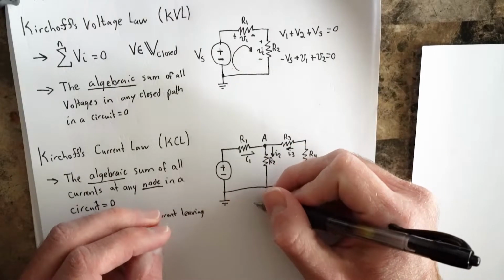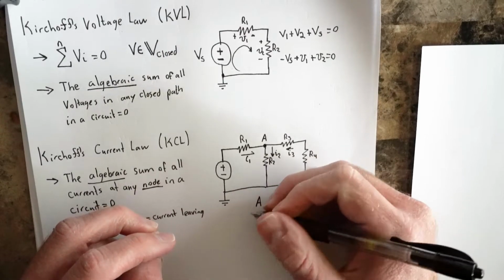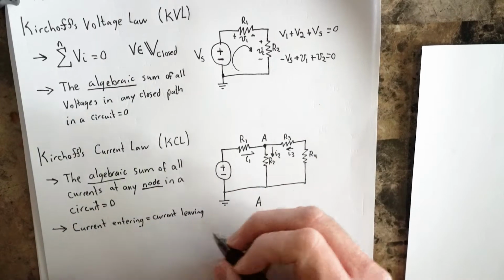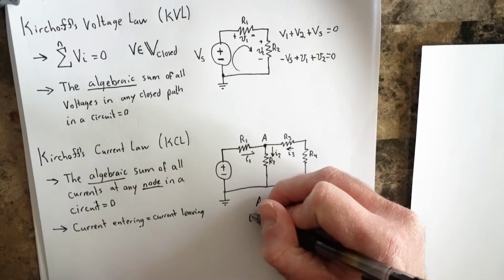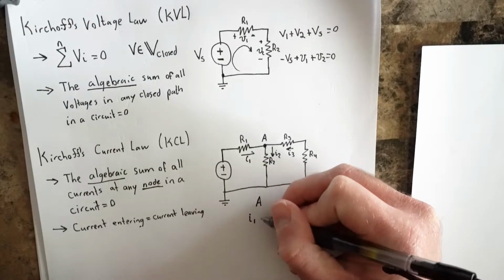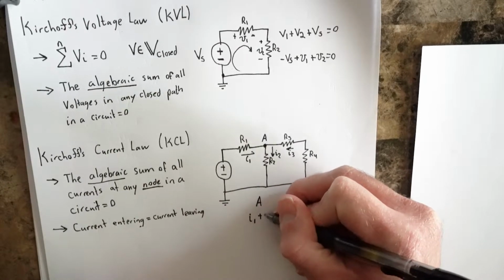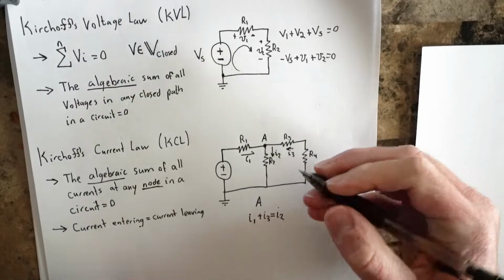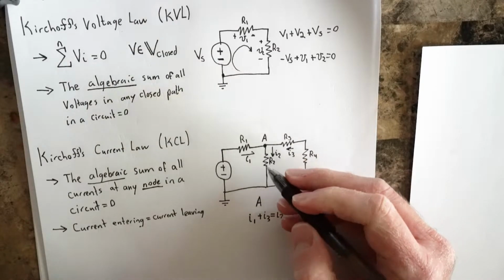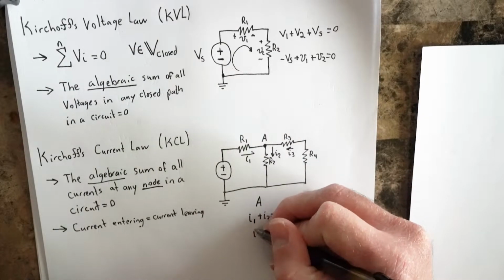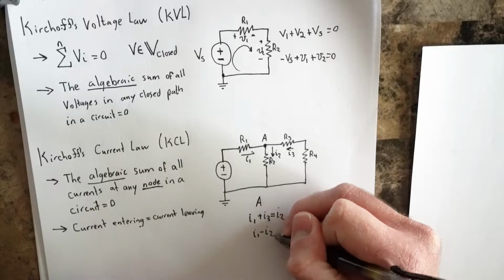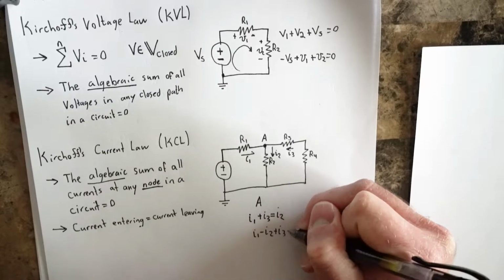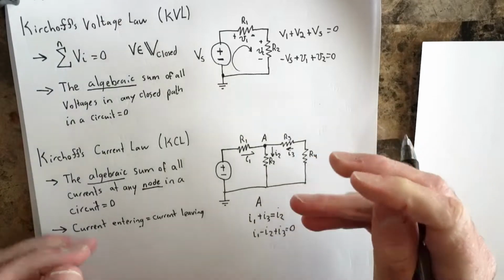But for the currents at node A, current entering must equal current leaving, so I1 plus I3 is equal to I2. Or another way of casting it, if you like, is I1 minus I2 plus I3 is equal to 0.